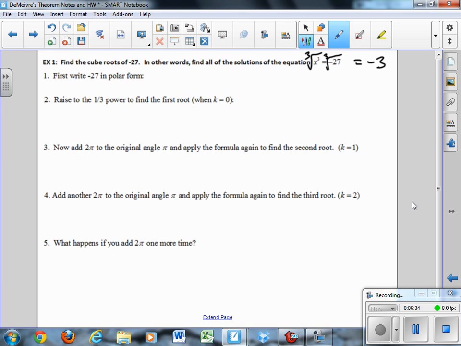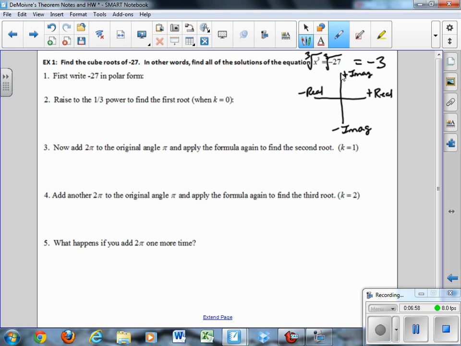The first thing we want to do is think of where negative 27 is on the complex plane. I want you to remember that we have positive real over here, positive imaginary, negative real, and negative imaginary. The positive real will correspond with the angle 0.